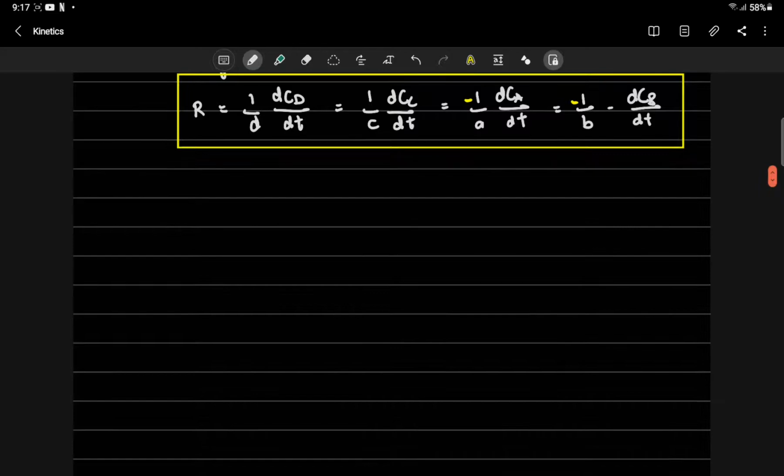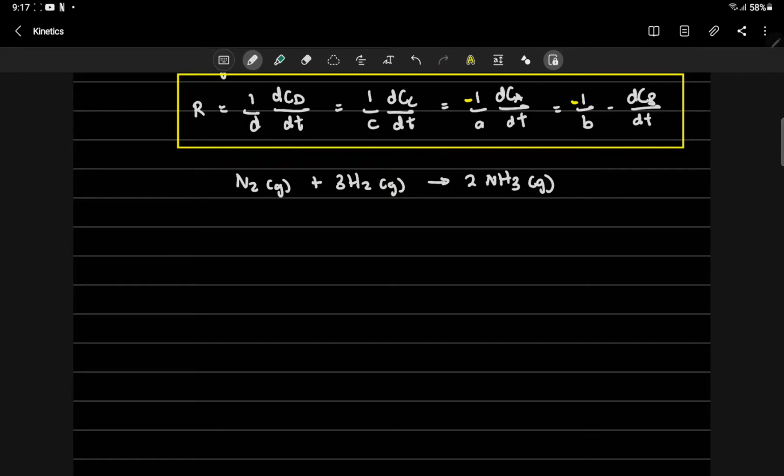So for example, we have here a reaction. We have nitrogen reacting with hydrogen, producing ammonia. All right?